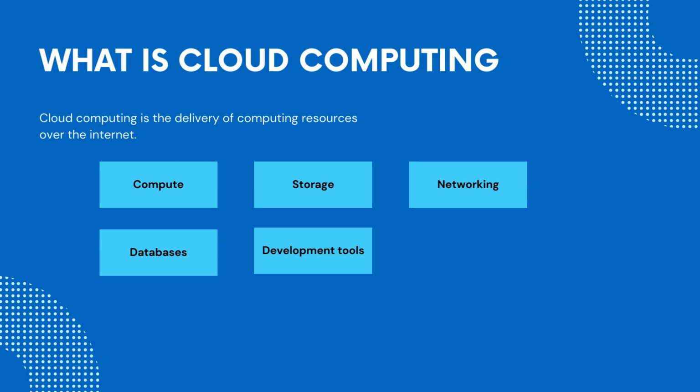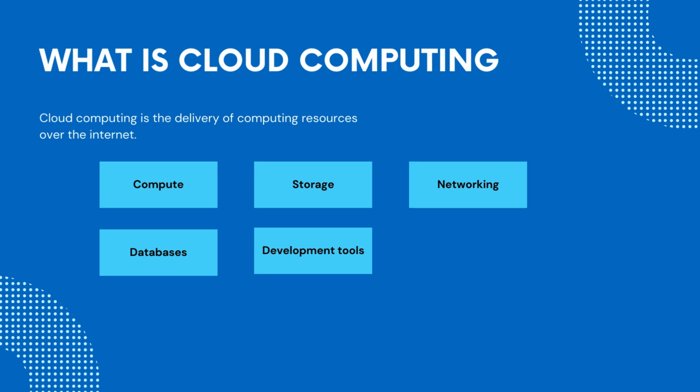So what are these resources? The key question is, what are these resources that you are getting over the internet? Now, these resources are basically compute. This is computing capabilities for your computer. If you're starting a company and all of a sudden your computers cannot handle the demand from your customers, so let's say you're hosting your applications on your own devices, which is not the ideal case, but let's say you've got a few computers that you use to host some of your websites.